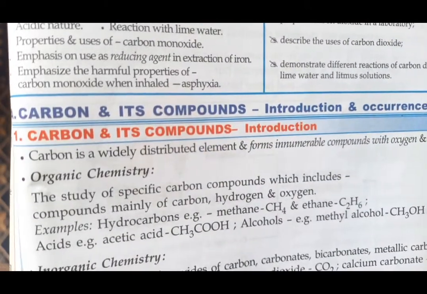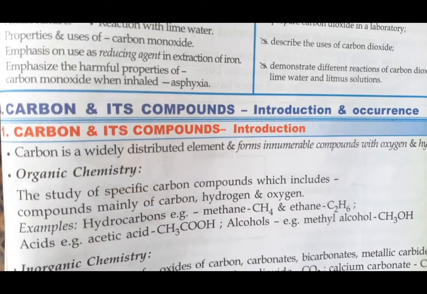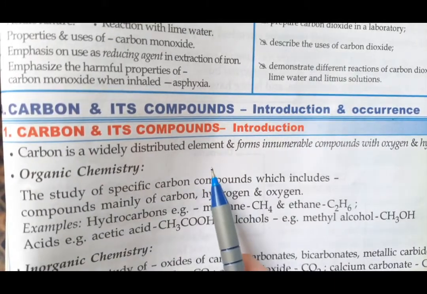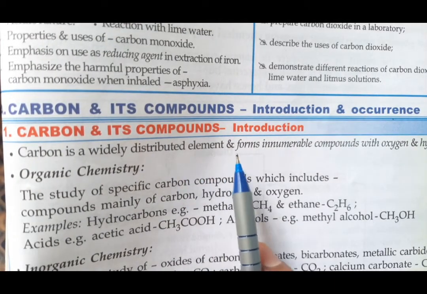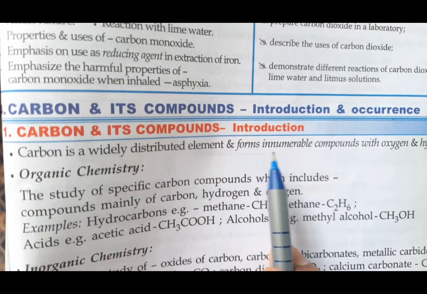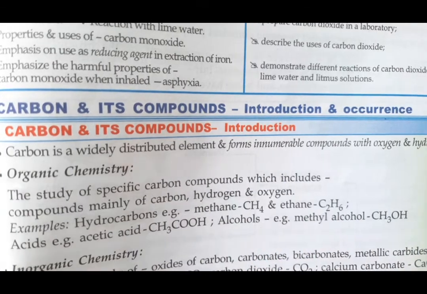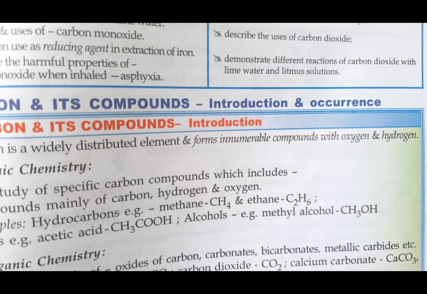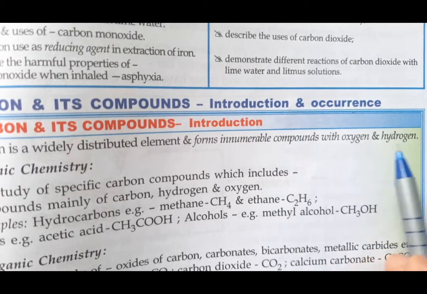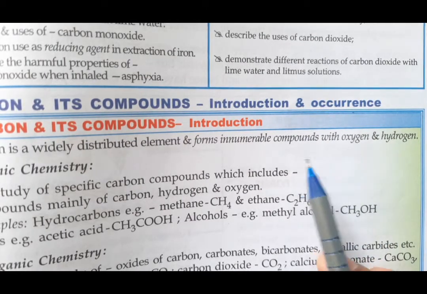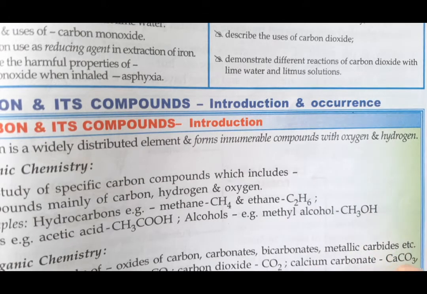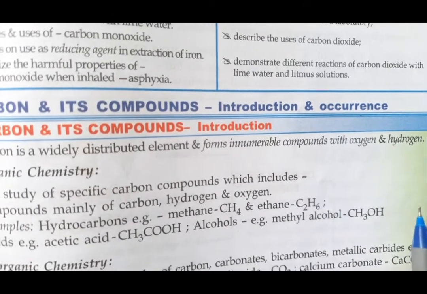Now you can see out here, students, carbon is a widely distributed element and forms innumerable compounds with oxygen and hydrogen. So carbon usually forms compounds with either oxygen or hydrogen, though it combines with some other elements also.